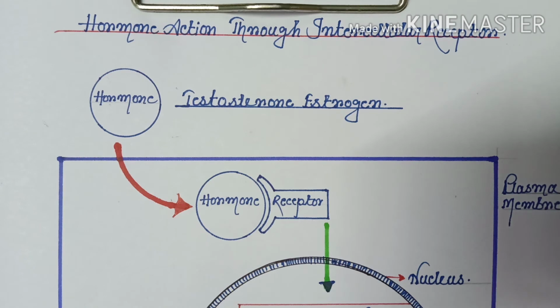Normally, as those hormones are steroid in nature, they can easily pass through the cell membrane, and that's why the target cell does not carry the extracellular receptor, rather it carries an intracellular receptor, and after passing through the cell membrane, those hormones first combine with the intracellular receptor which is present in the cytoplasm.